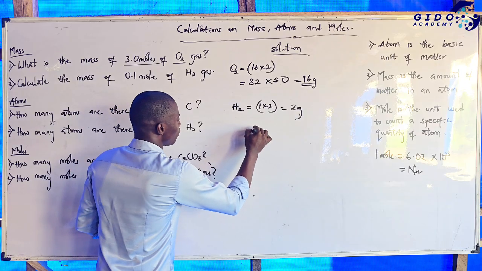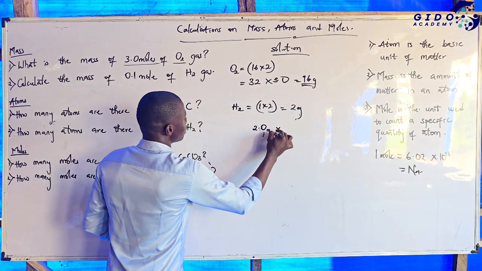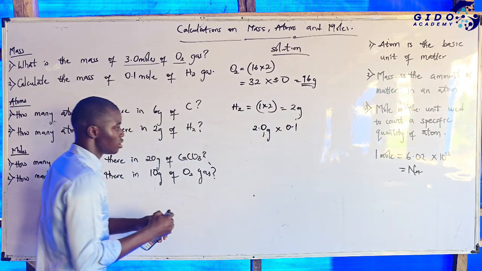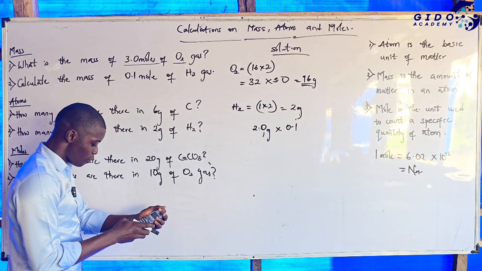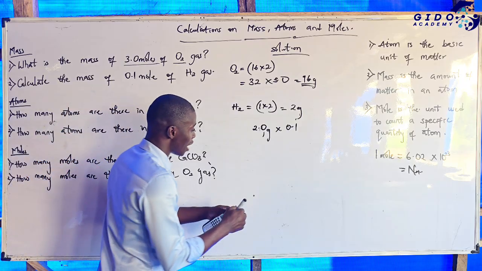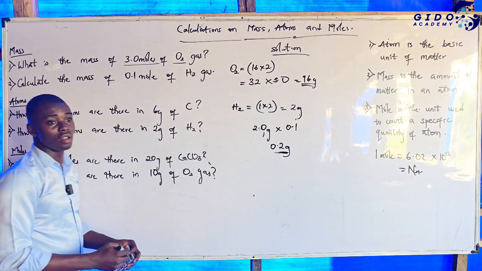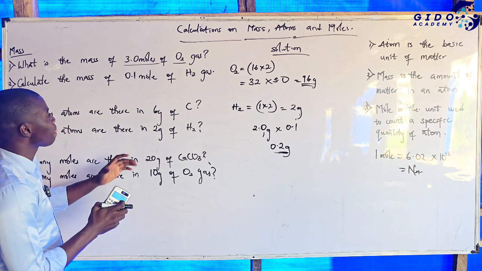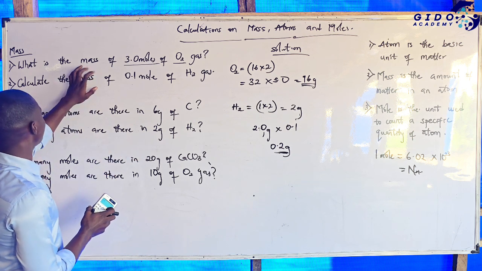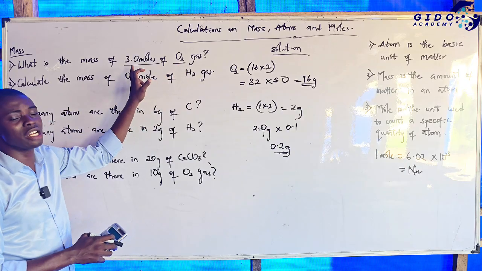It's just for you to multiply your answer. 2.0 grams times 0.1. The answer we have there is 0.2 grams. So if you are calculating in mass, the first thing is, what is the molar mass times the number of moles.